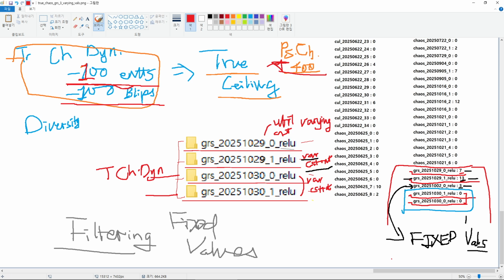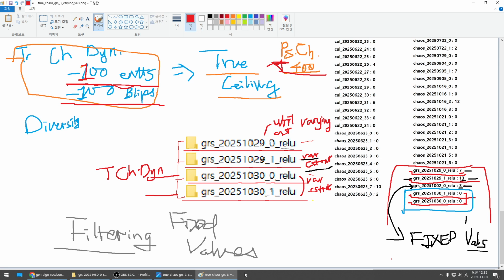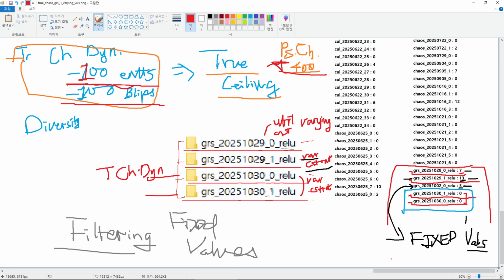And by the way, the time taken for each of these entity event ratios combination and the data point counts were all kind of similar, so I don't think I need to talk about that.